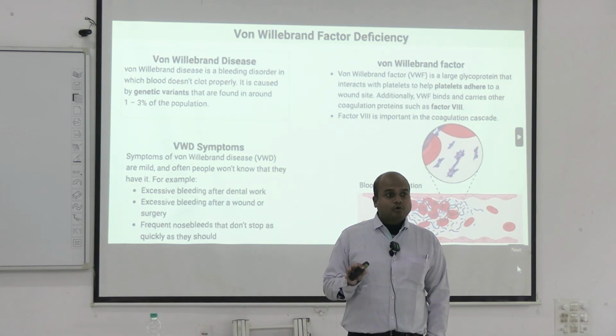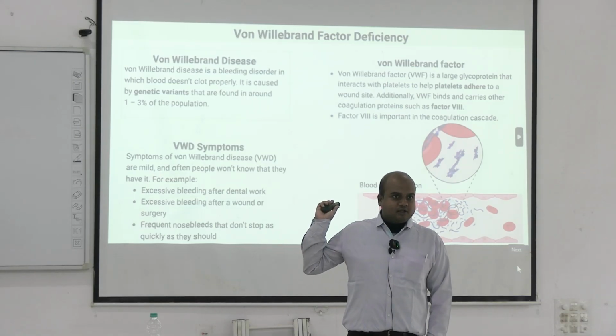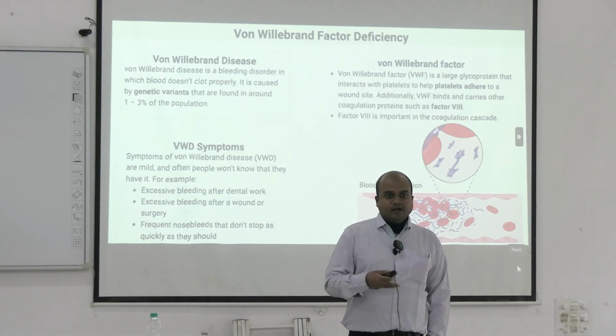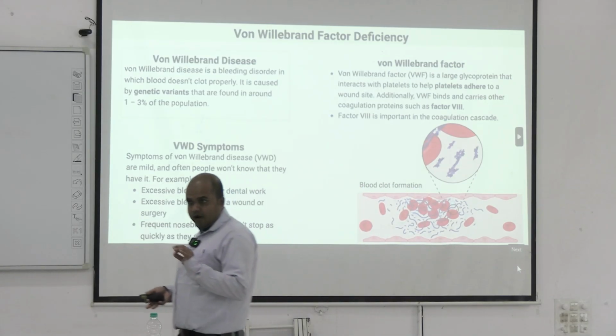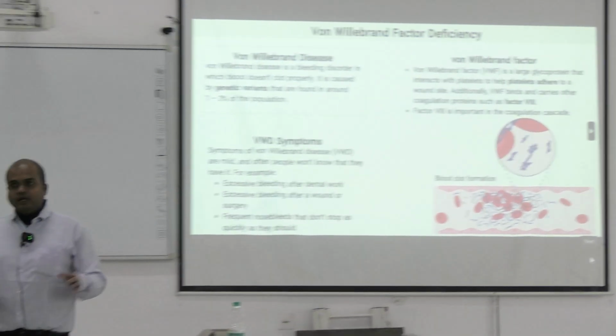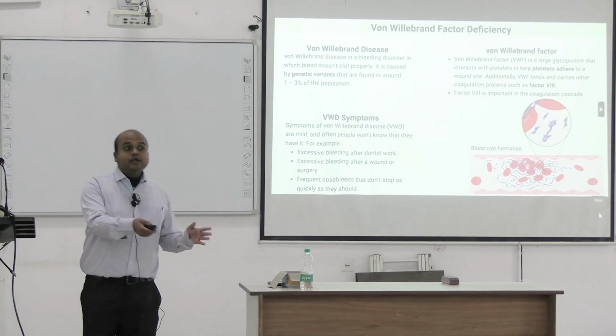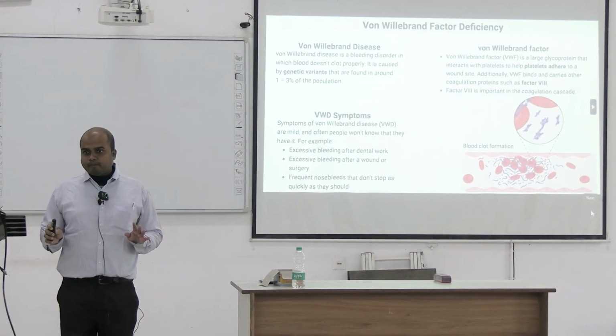Identifying the deficiency of specific factors requires extensive laboratory testing. The basic tests done before every surgery nowadays, at least for the last few decades, what are they? What you did in the practical classes this week: bleeding time and clotting time.